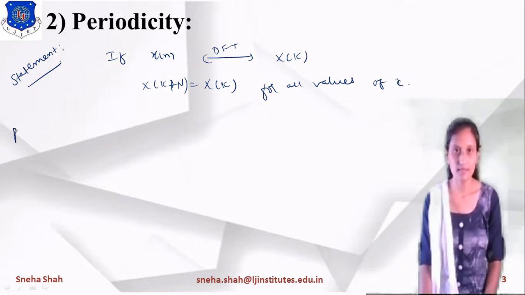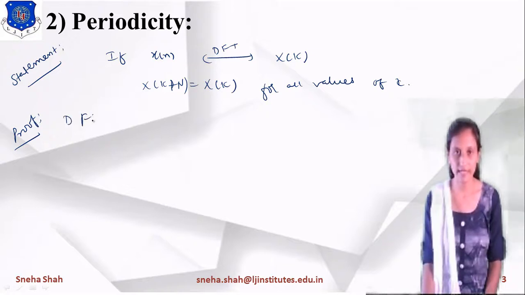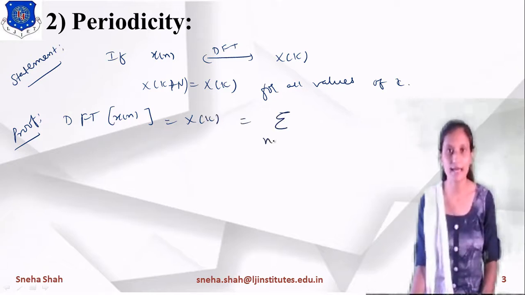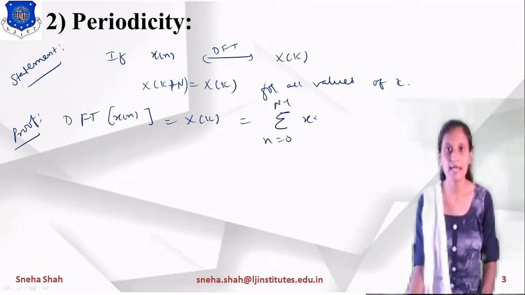Starting with this, if I am writing the proof of it, what is the proof? If I am finding the DFT of x of n, what will be the value? X of k equals summation n equals 0 to N minus 1 x of n W N raised to kn.